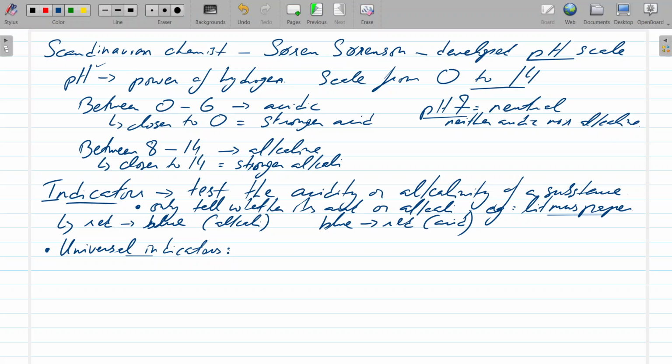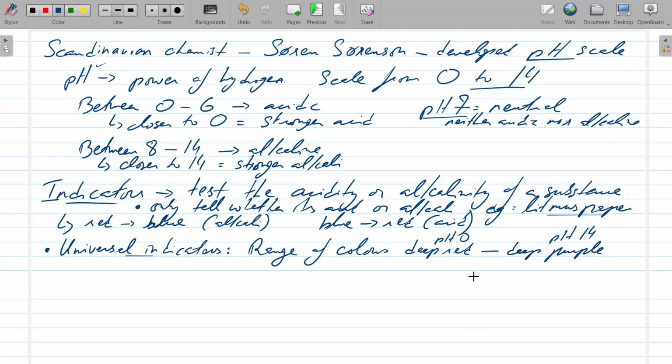Now, the universal indicator, how it's different is that it has a range of colors going from deep red all the way to deep purple. The deep red is like pH 0, the strongest acid perhaps you can get, and deep purple is for pH 14, a strong alkali.